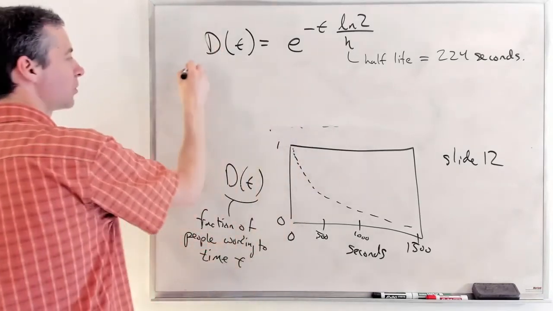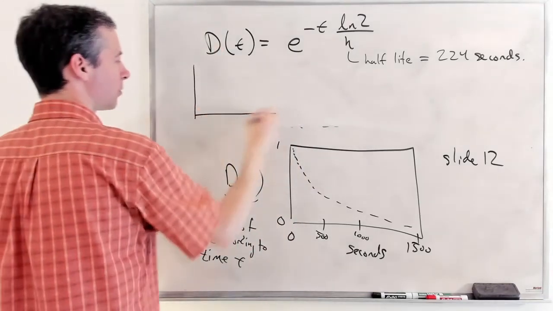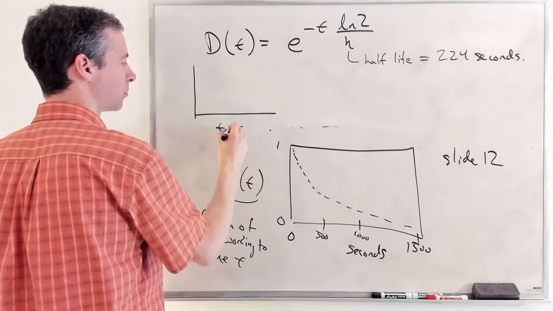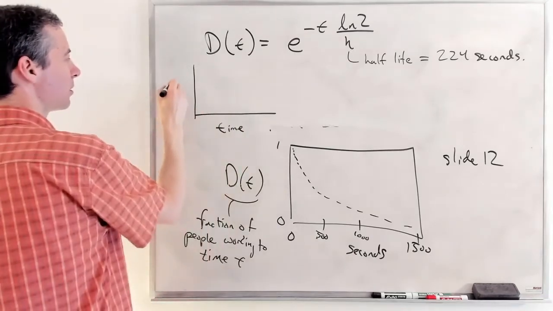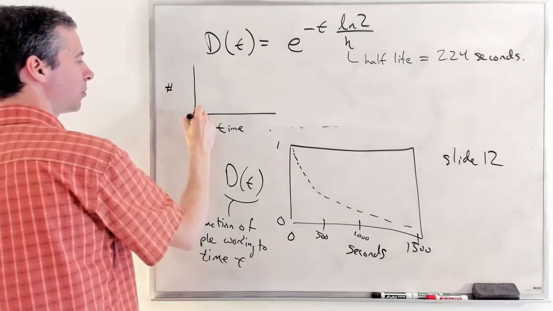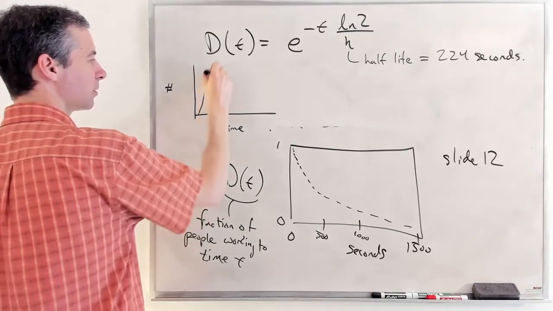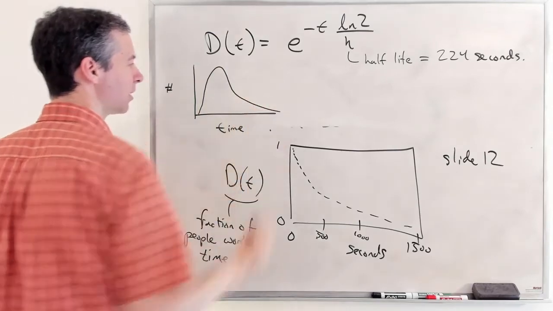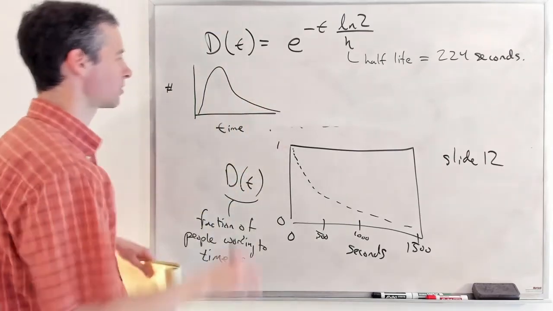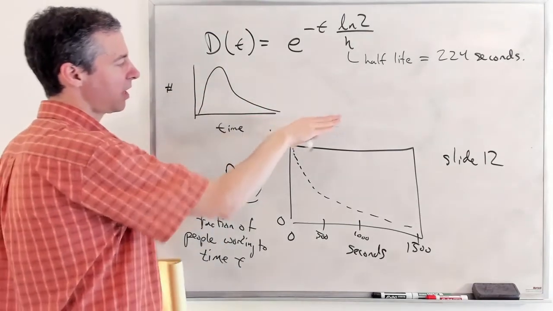With time on one axis and numbers of people on the other, a log normal distribution looks something like this, and you end up with these long tails.